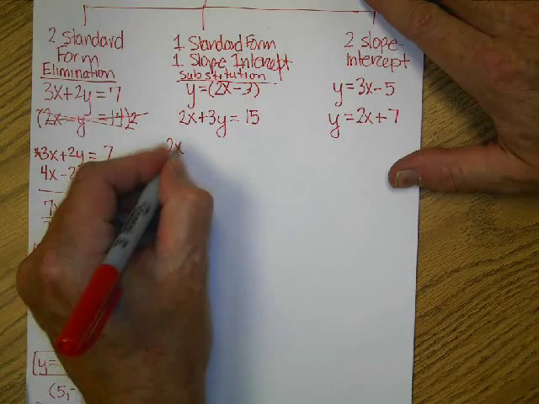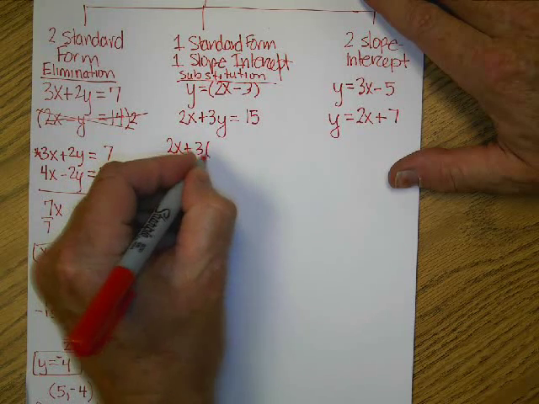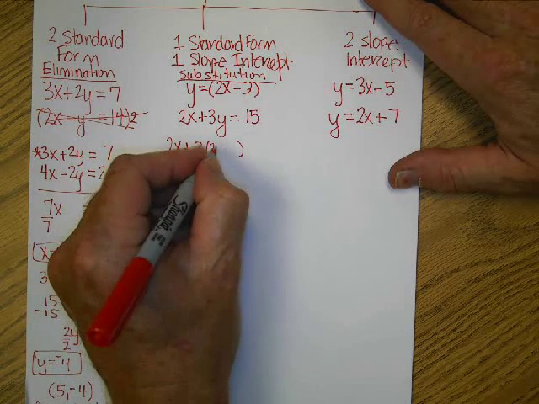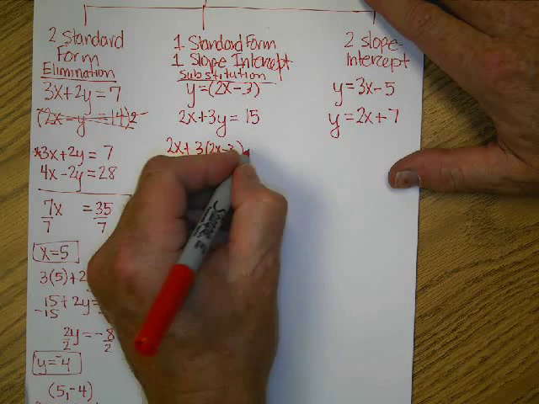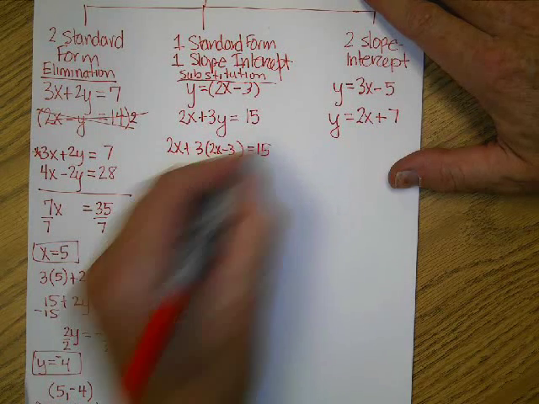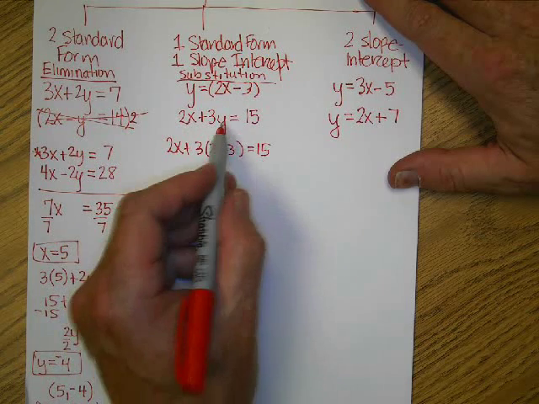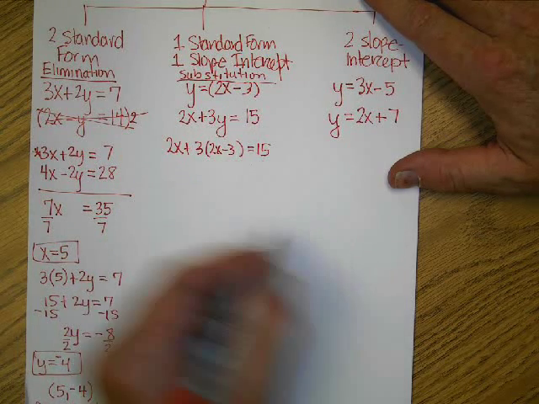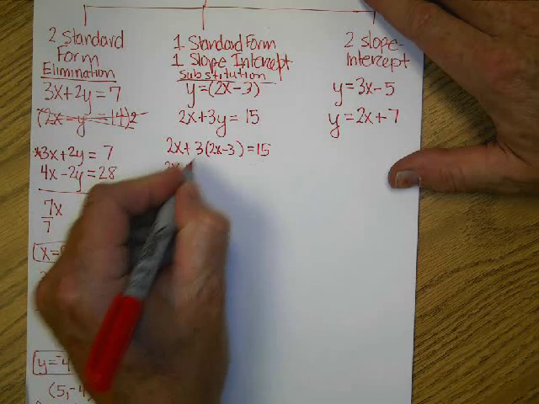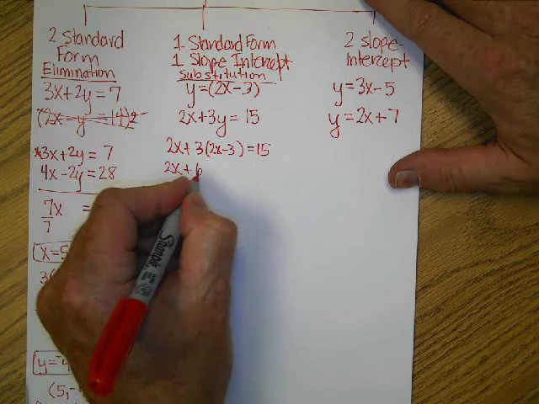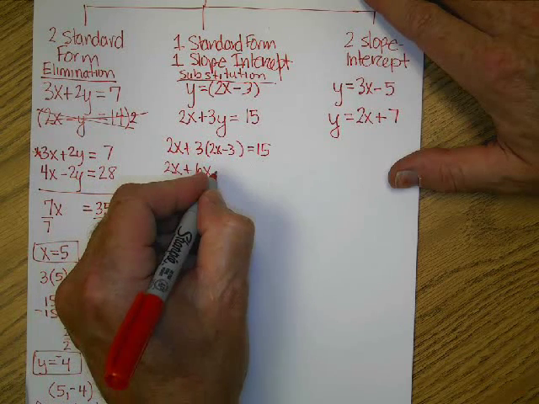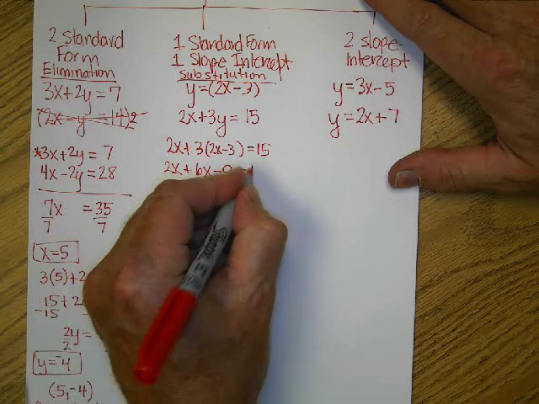So we get 2x plus 3, parentheses where the y was, 2x minus 3, equals 15. This reads 2x plus 3y, but we've replaced y, and equals 15 still. Now we can distribute: 3 times 2x is 6x, and 3 times negative 3 is negative 9.